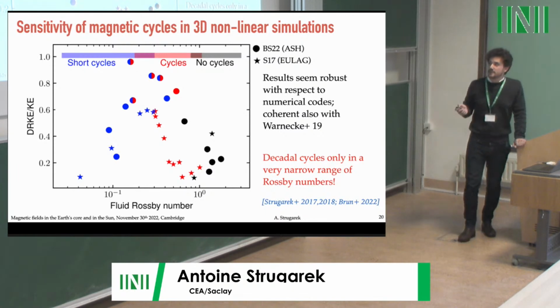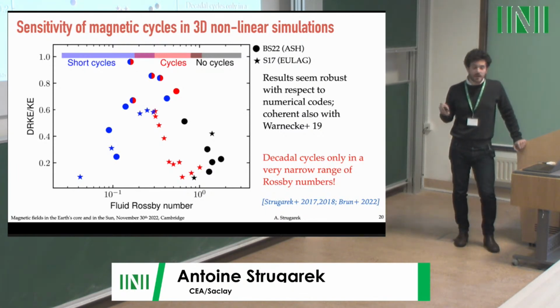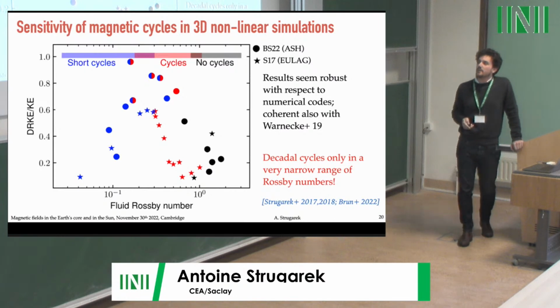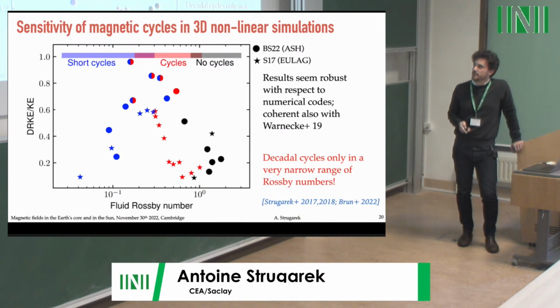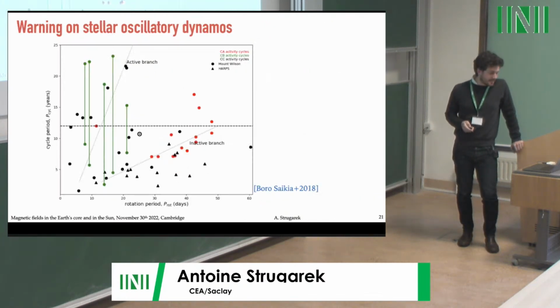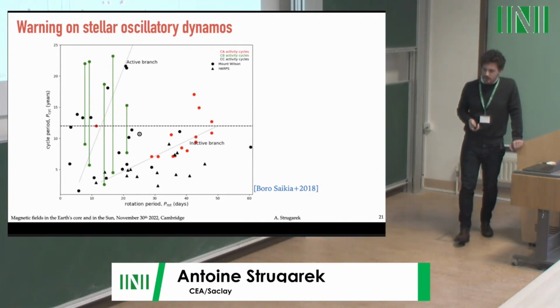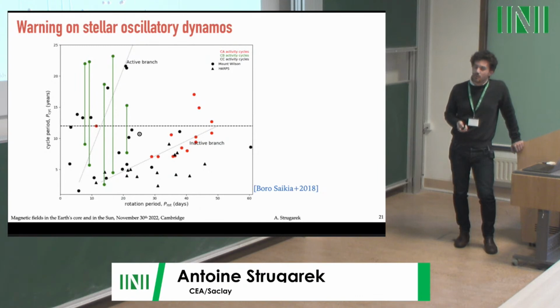And I think that's part of the reason why in the past, many attempts that tried to recover this cycle were not successful, because they exist in these simulations in this parallel regime over quite a narrow range of Rossby number. Now that gives you some caution, as I conveyed before, when you interpret it.